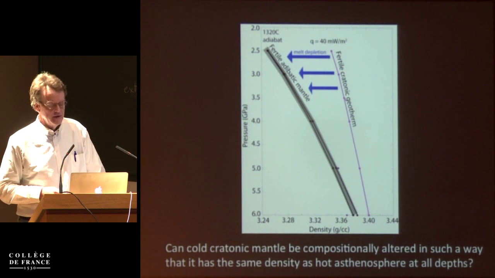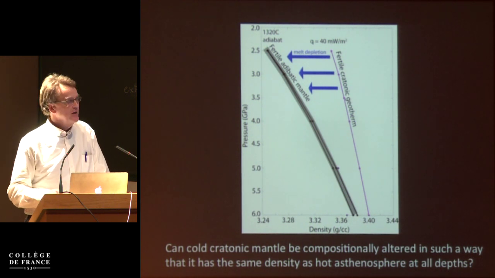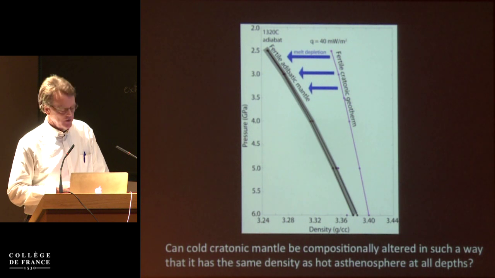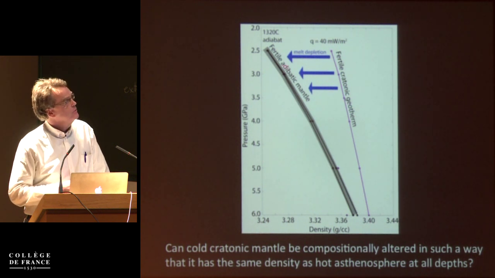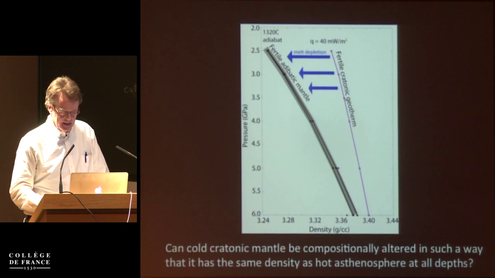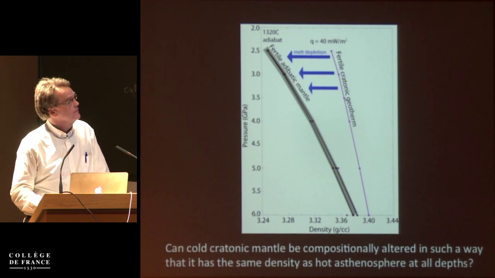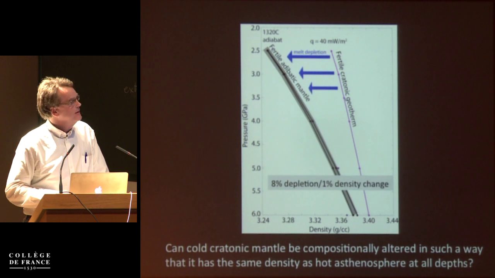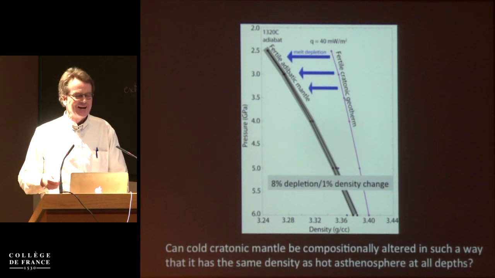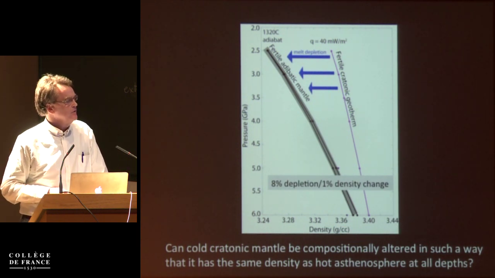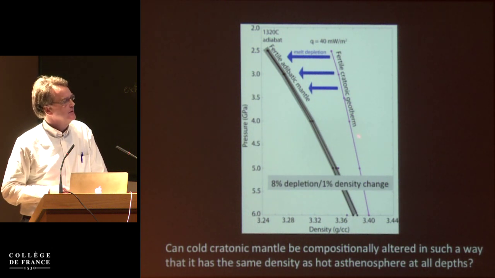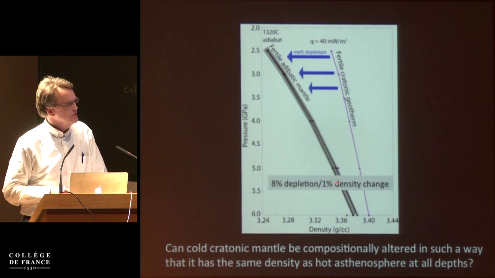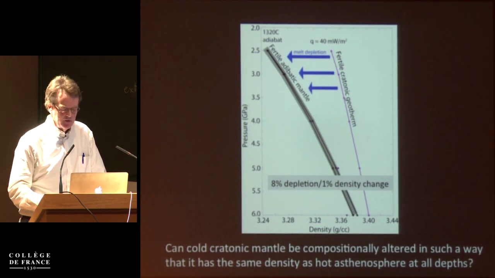So if you want this to be isopycnic, to have the same density, then you have to have some mechanism by which you deplete this material such that you bring its density in accordance with the fertile mantle adiabat. Another back-of-the-envelope is that if you want to get a 1% density change through some process of melting, for an 8% depletion, you can get a 1% density change.